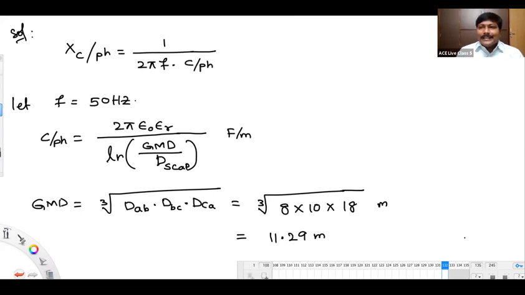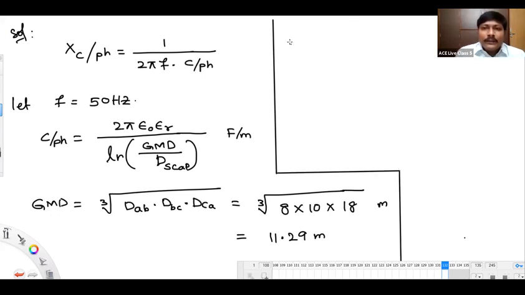What is Ds here? As it is a bundle conductor, the Ds calculation will be similar to the GMR calculation. And you should say Ds of phase A, Ds of phase B, Ds of phase C, geometric mean.